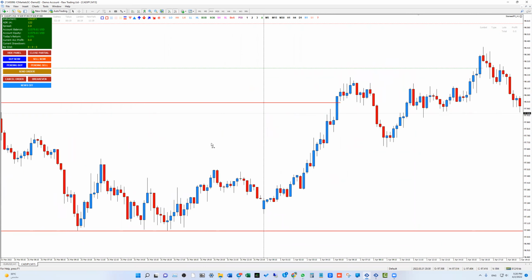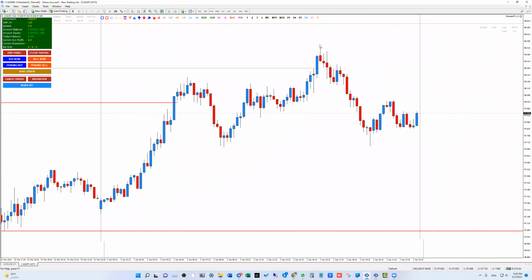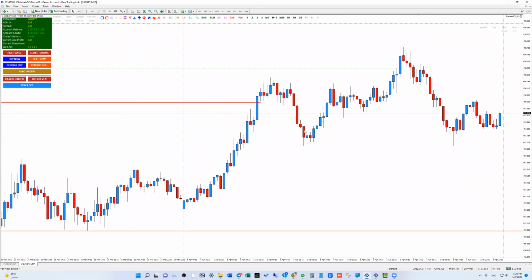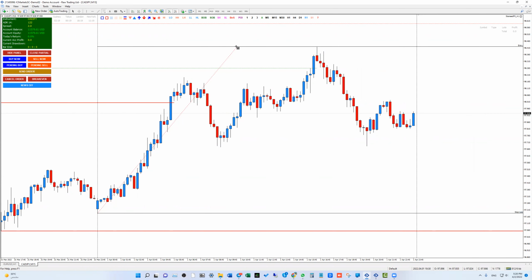You see, like right now, this one is at what is it? The break above from the previous day, right? This one is not happened yet. Now, when this one is not happened yet, you know where the price could go, right?